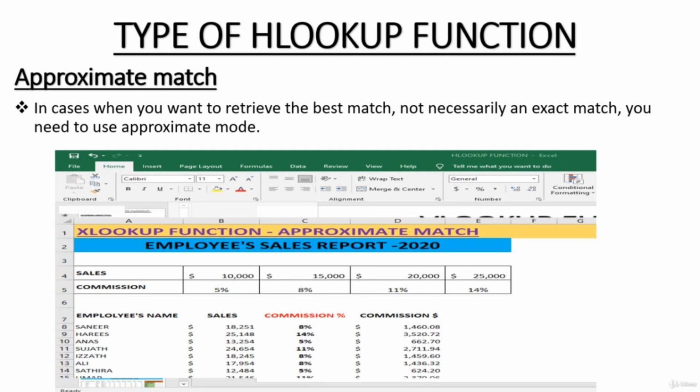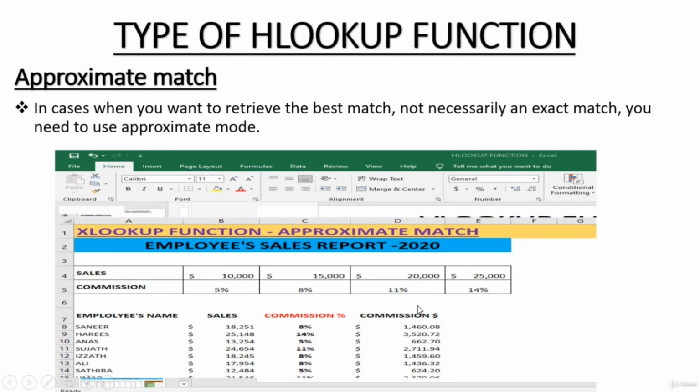You can see here this is the employee sales report 2020 and the sales commissions. If sales are 0 to 10,000, it is not applicable, right? For 10,000 to 15,000, the commission should be 5%, for 15,000 to 20,000, the commission should be 8%, for 20,000 to 25,000, the commission should be 11%, and for more than 25,000, the commission should be 14%.